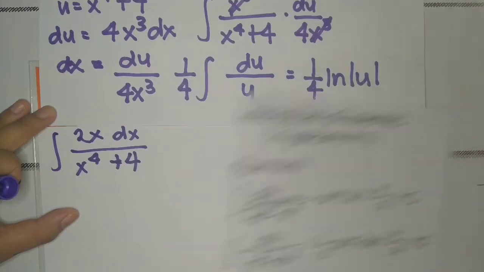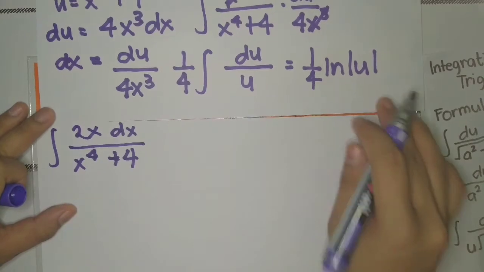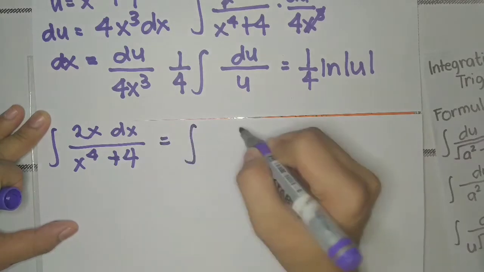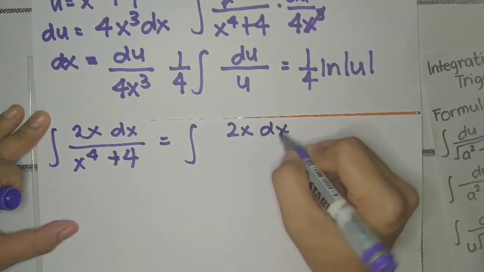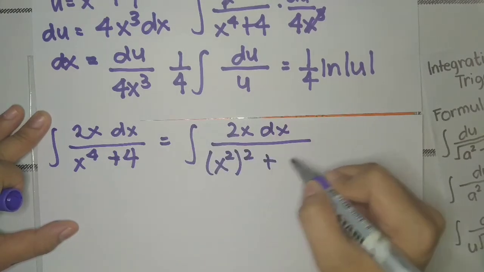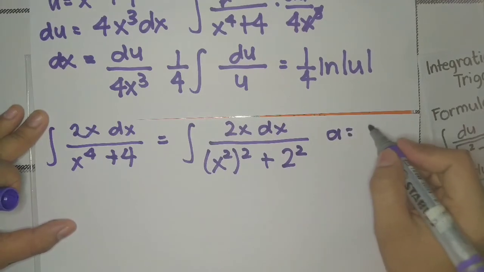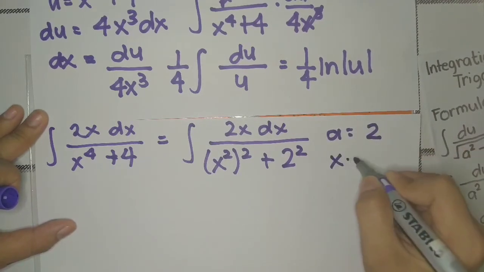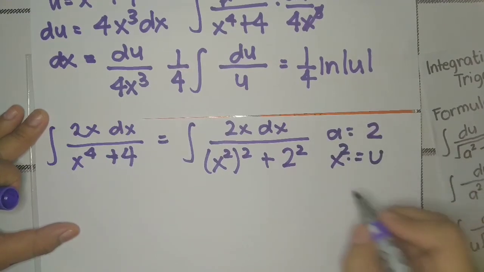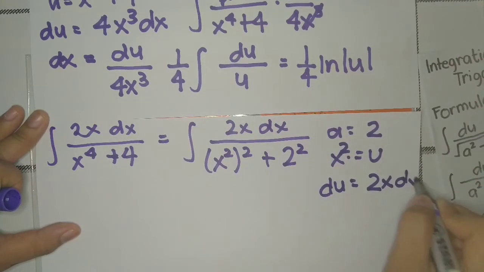Basically, we have an arctan here, I guess. So we will be arriving at arctan. First things first, copying the given, and we also have to simplify it. I have simplified it. We set u equal to x², so u is x². The differential of u with respect to x is 2x dx.